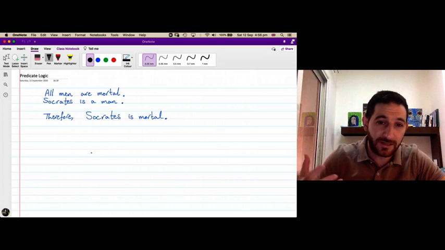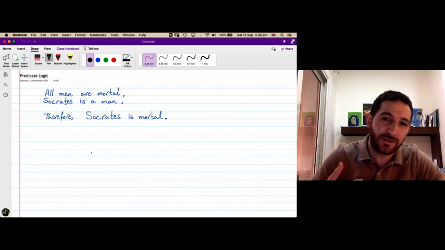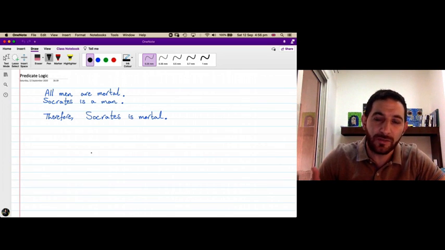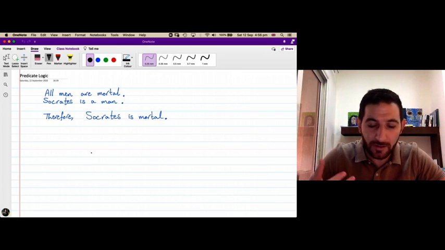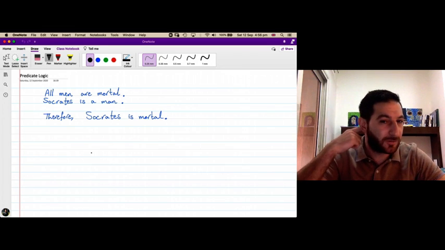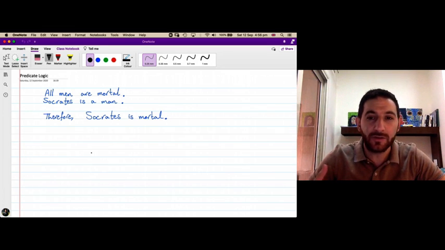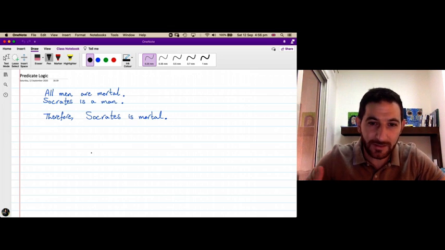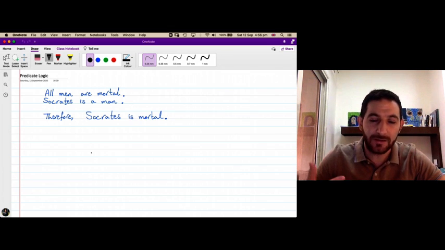But this language is not powerful enough to express many statements and thoughts we need in mathematics. So we need to develop a new kind of logic which depends on propositional logic but has a different flavor, allowing us to represent more complicated statements and arguments.